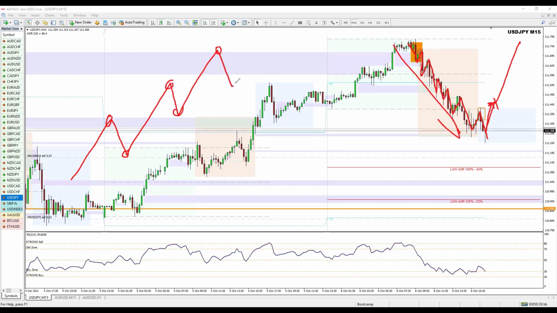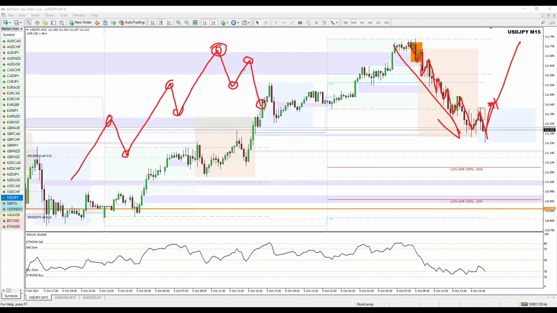What happens when it turns the other way is we have a shift in market structure, where we get a high, we put in a lower high and then a lower low. Market structure is movements of a high, low, higher high, higher low, higher high, higher low, just about. And then when it shifts the other way, we go back in the opposite direction.